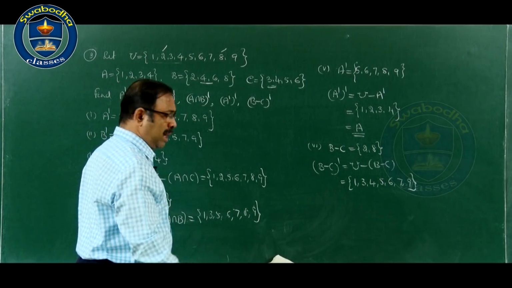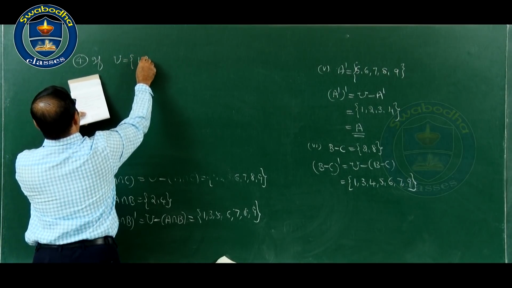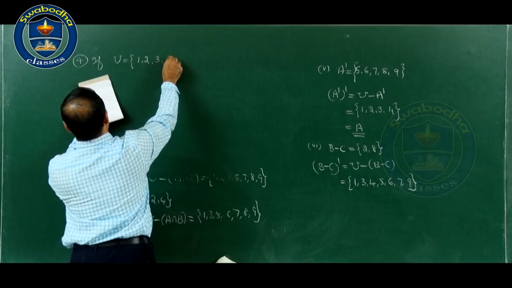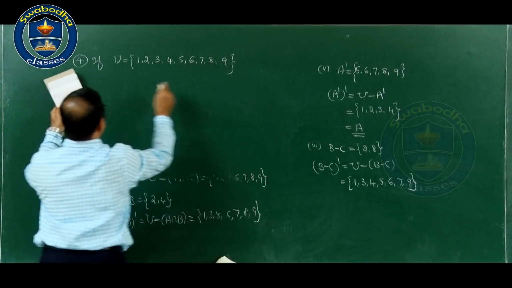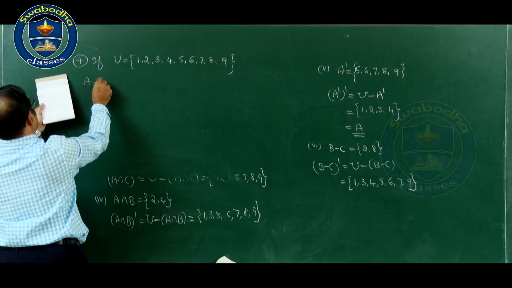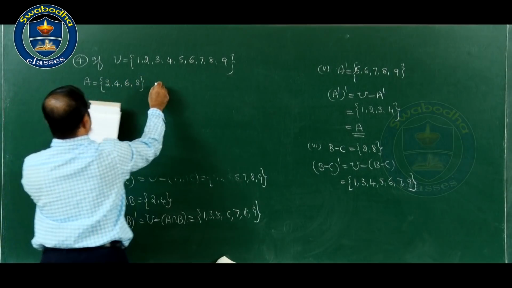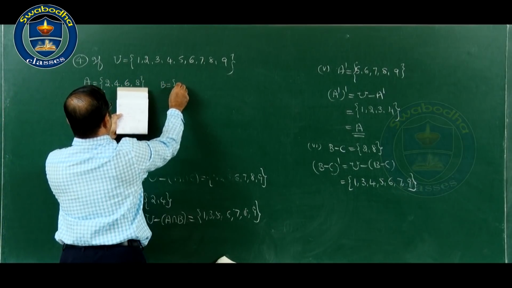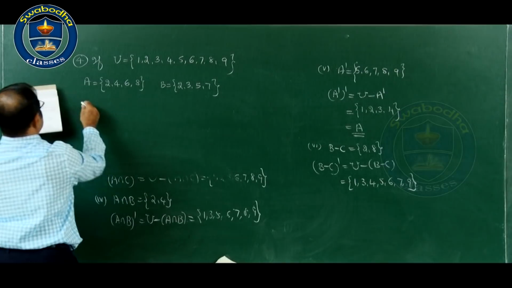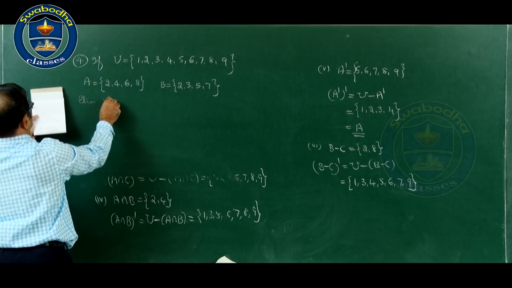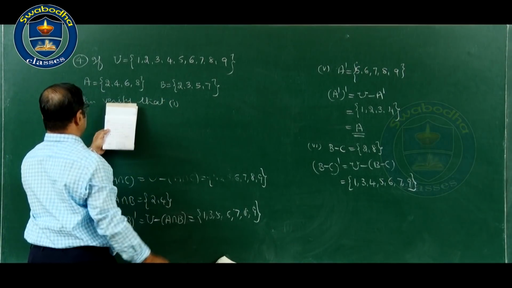I'll write one problem, you can solve it. If U is equal to 1, 2, 3, 4, 5, 6, 7, 8, 9, A is equal to 2, 4, 6, 8, B is equal to 2, 3, 5, 7, then verify that: 1.